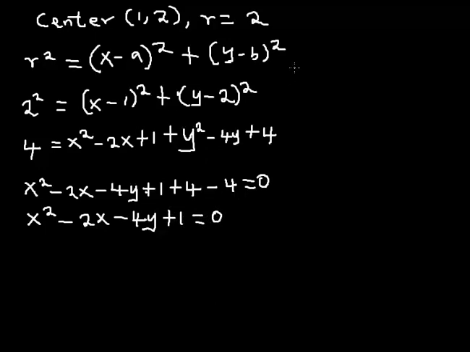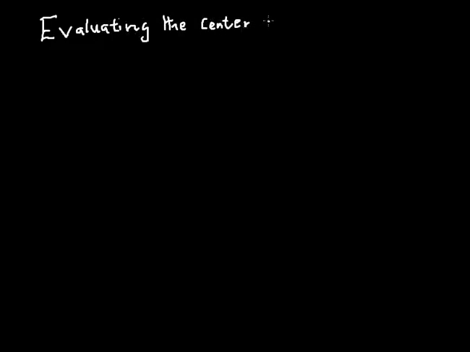Okay, so I hope that is well understood. Now, this is how to actually evaluate the equation. But let's look at a situation where you are given an equation and asked to find the center and the radius, the center coordinate and of course the radius, from the equation.